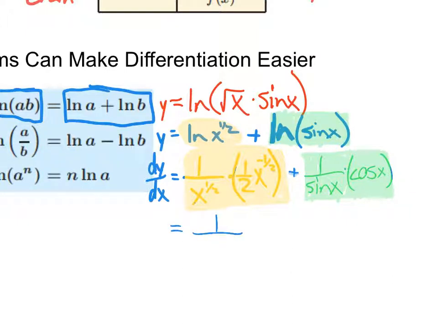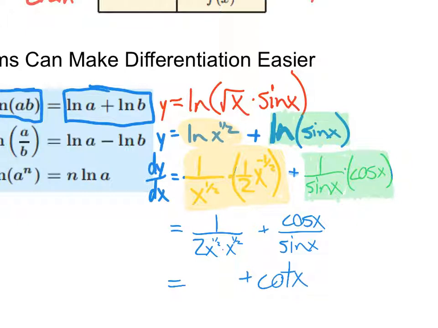This is 1 over 2x to the 1/2 times x to the 1/2 plus cosine x over sine x. Isn't that cotangent? That is cotangent. And x to the 1/2 times x to the 1/2 is just x.